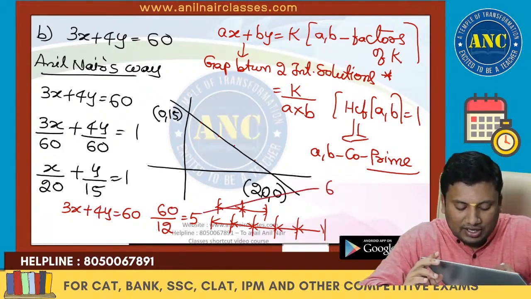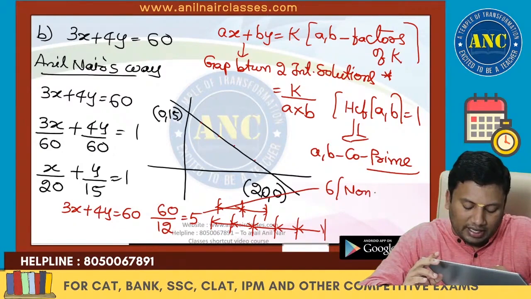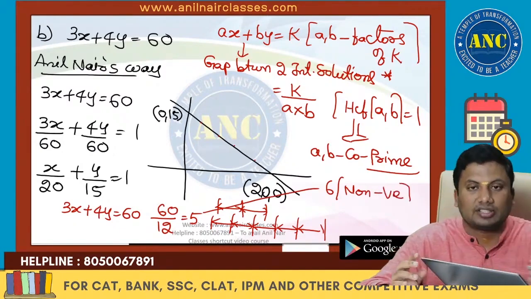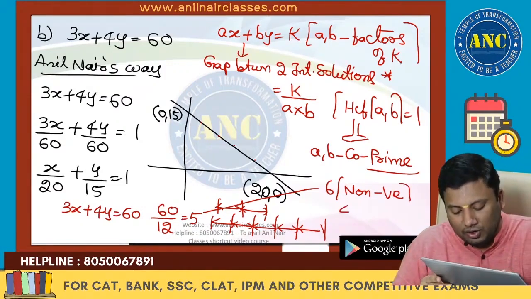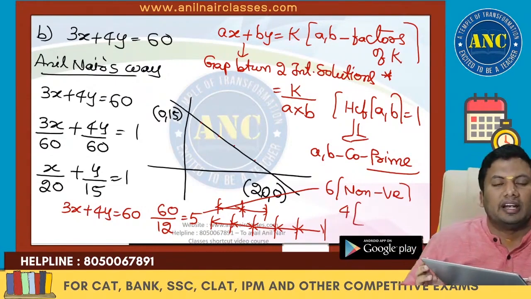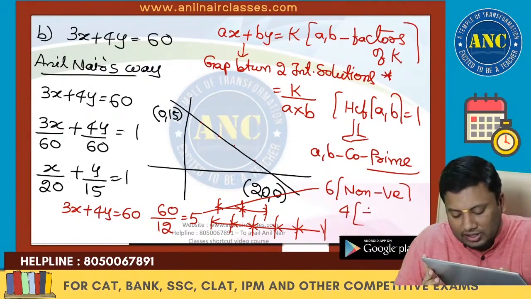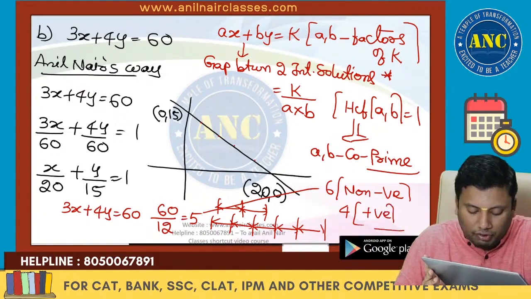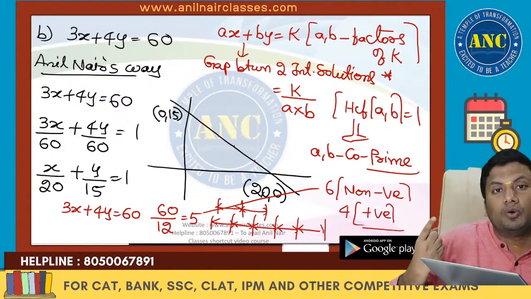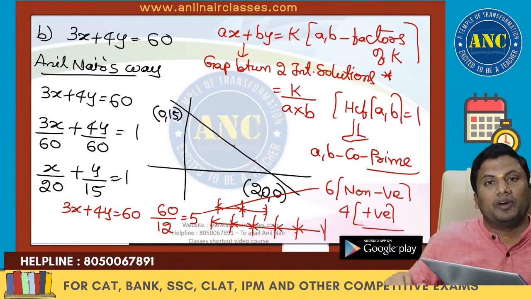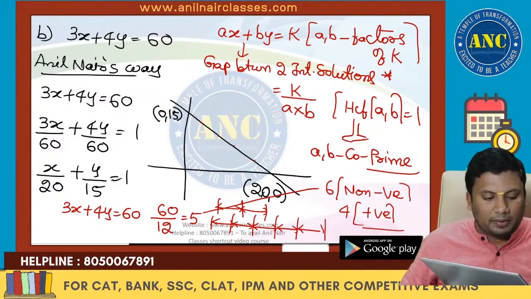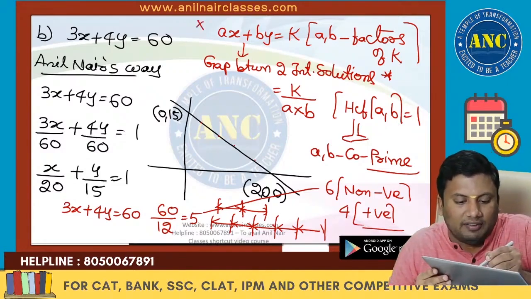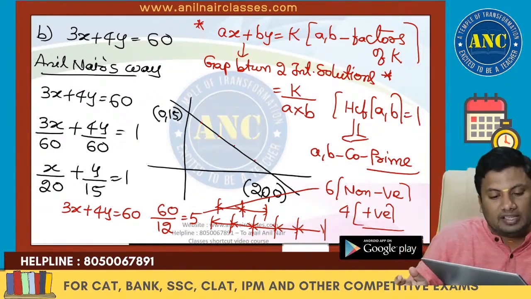So just by looking at the question itself, you will get the answer. 6 non-negative. The cases where x is 0 and y is 0 will be eliminated. 6 non-negative, 4 positive. You don't need to count the values of x and y to determine the total number of non-negative and positive. This proof also I will give you after I solve A, B, C and D.